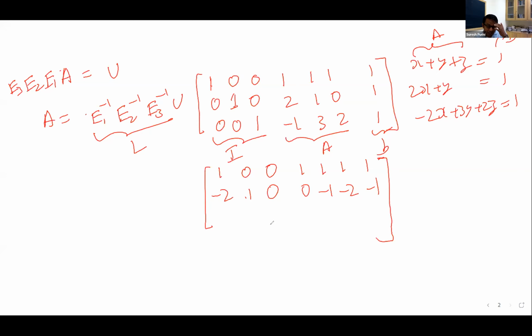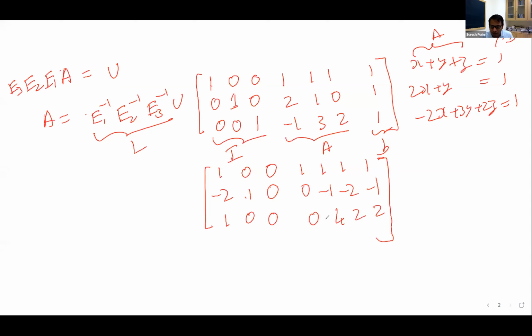Okay. So now, what is the next operation that we have to do? You just add row 1 to the last row, then we get 1, 0, 0, 0, 4, 2, 2. This is the matrix that we get. And what's the next operation?